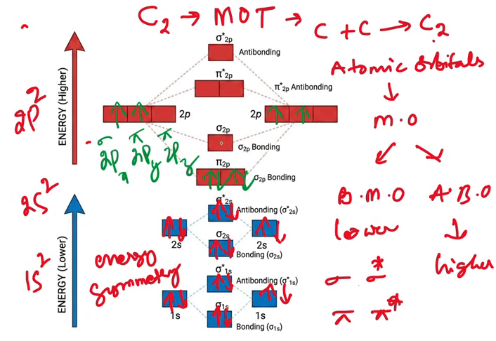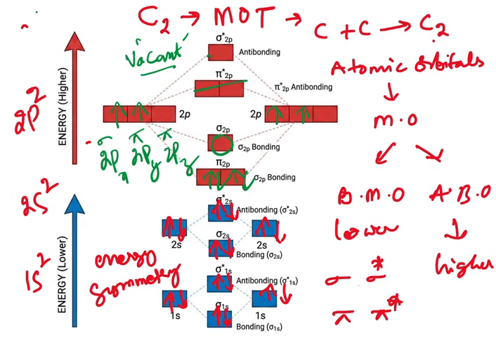Sigma 2pz does not have any electron, pi star 2py and 2pz are vacant, and sigma star 2p also does not have any electron. That means in the C2 molecular orbitals, the anti-bonding 2p orbitals are vacant, not having paired or unpaired electrons.